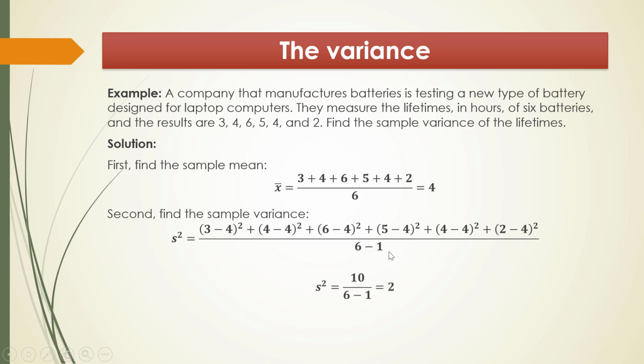And the answer for the sample variance is 2, because 10 over 6 minus 1 is 2. So that's how we compute a sample variance. The variance is more complicated to compute than the mean or the range. However, the variance takes all of the values into account.